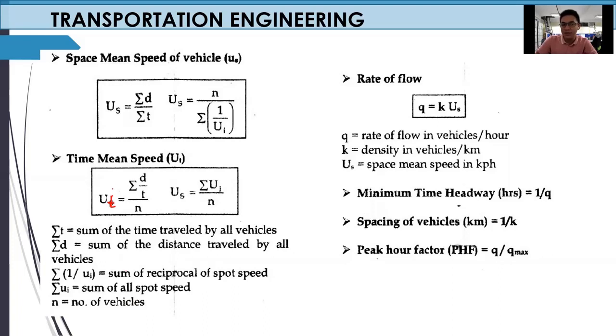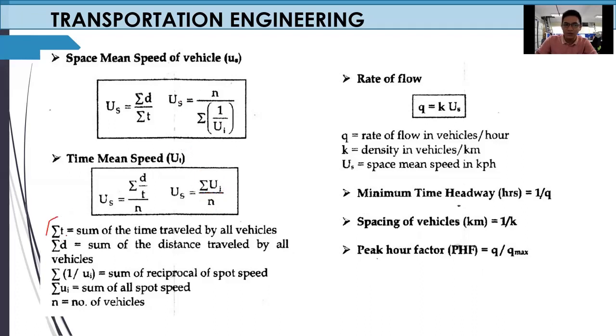So, pag time mean speed yung hinahanap, that is D over T, then lalagyan mo lang siya ng N. Parang ganito yung space mean speed, then nilagyan mo lang siya ng divided by N, which is yung number of vehicles. Di ba? Pwede din siya na yung UT natin, nadagdagan mo lang ng N or reciprocal nito. Okay?